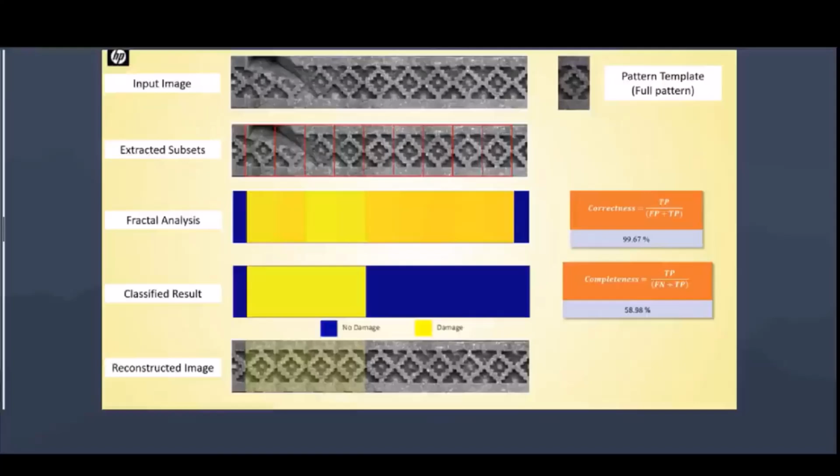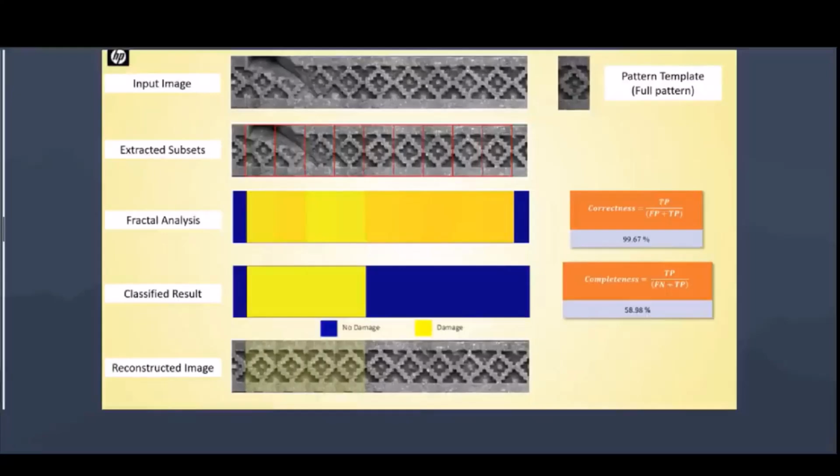You can see the classified result showed us what areas are damaged, and yellow depicts what areas are not damaged. Once we identified that these areas are damaged, virtually the damaged part of the image was removed, and this damaged part was replaced by the undamaged pattern that we have taken as the elemental pattern.